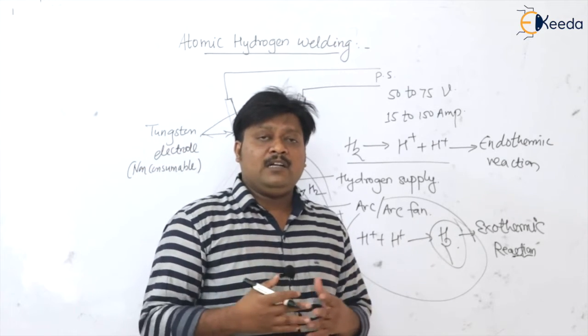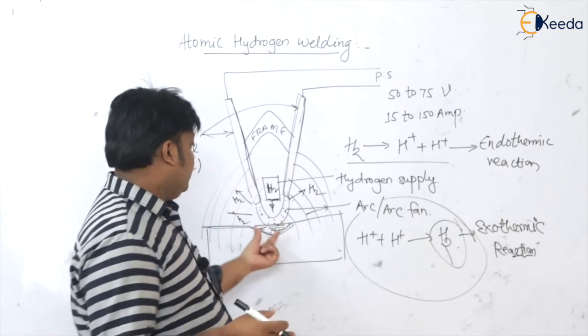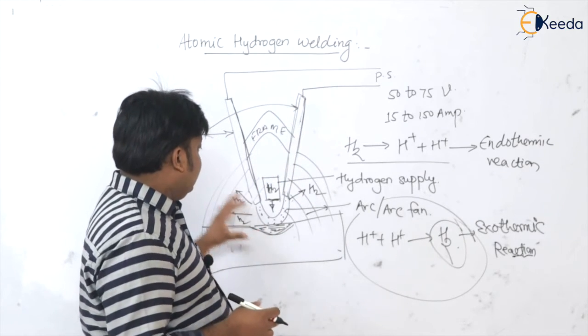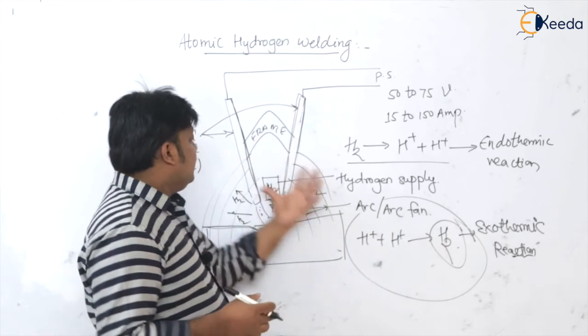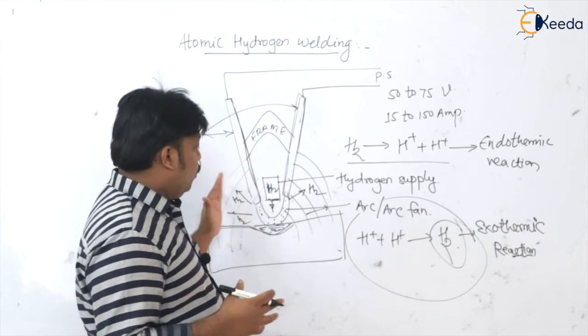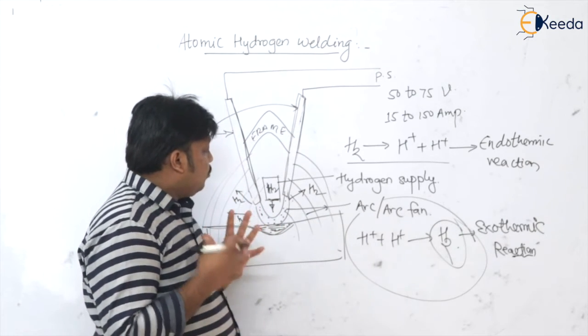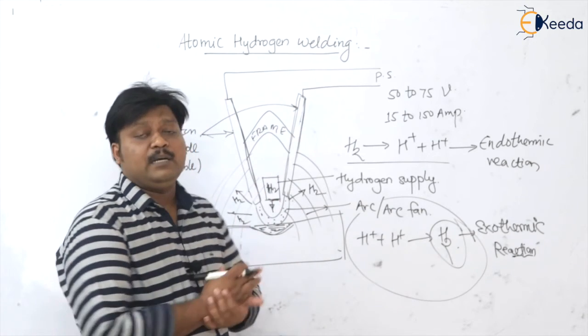The leftover around 2/3 of the hydrogen goes away from the weld pool and acts like a shield of inert gas over the weld bed, protecting the weld pool from any atmospheric contamination.